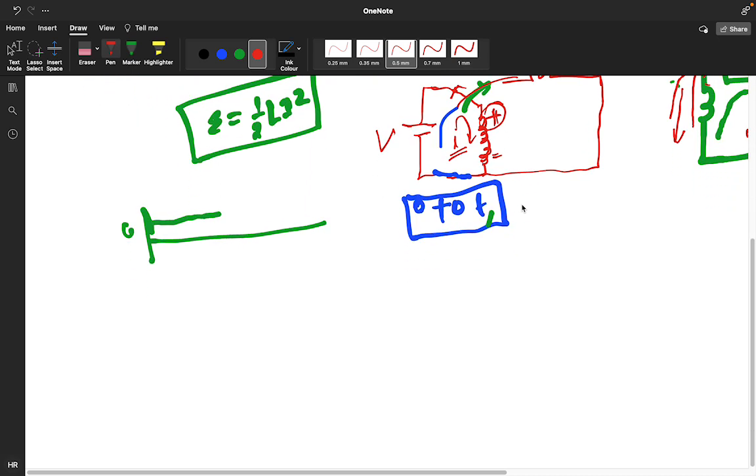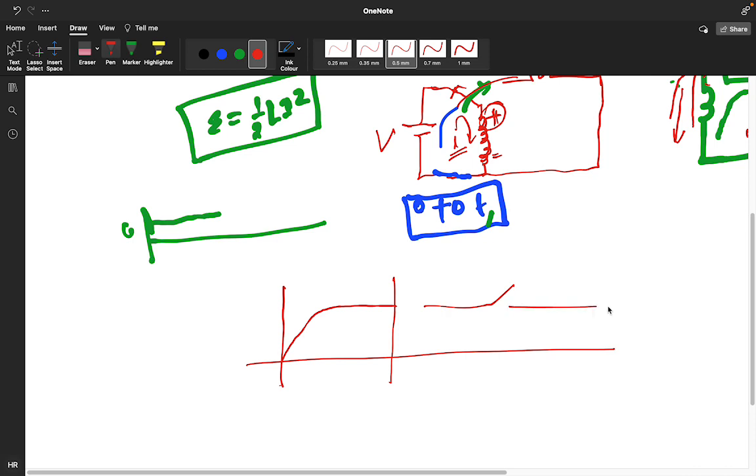So what is actually transient? Make a graph like this. If the current is moving like this, this movement is known as a transient.